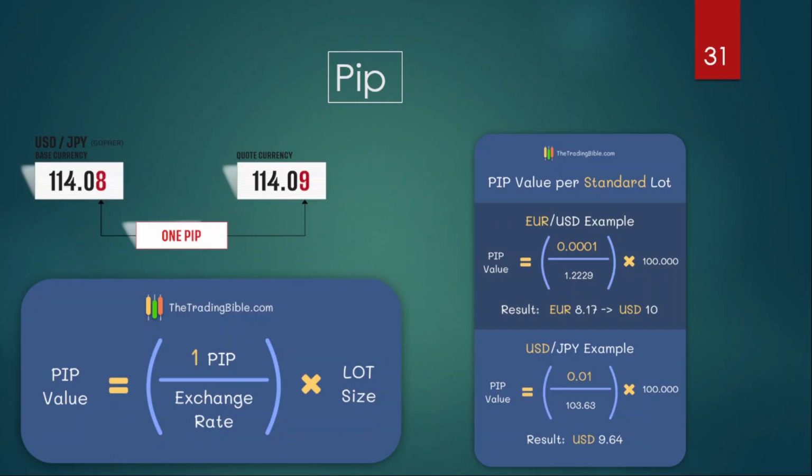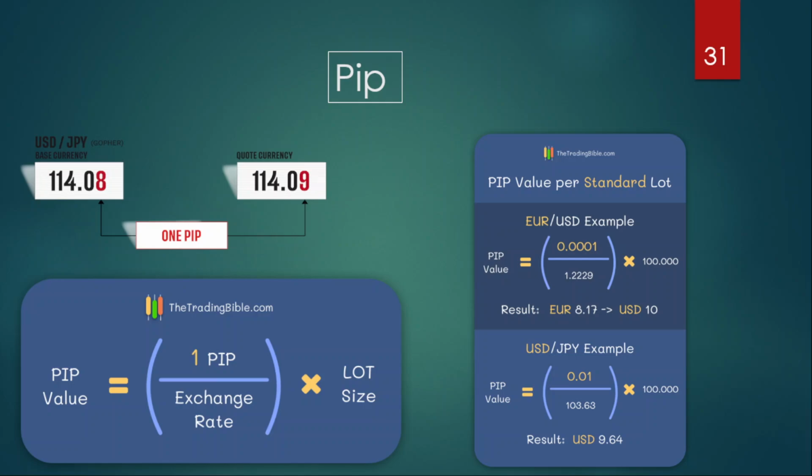To calculate the pip value, you would say the amount of pips divided by the exchange rate, multiplied by the lot size that you are using in your account. There is a different pip value for standard lot, micro lot, and minimum lot.